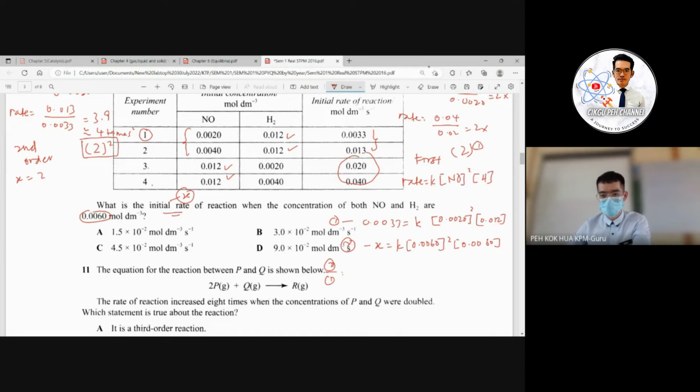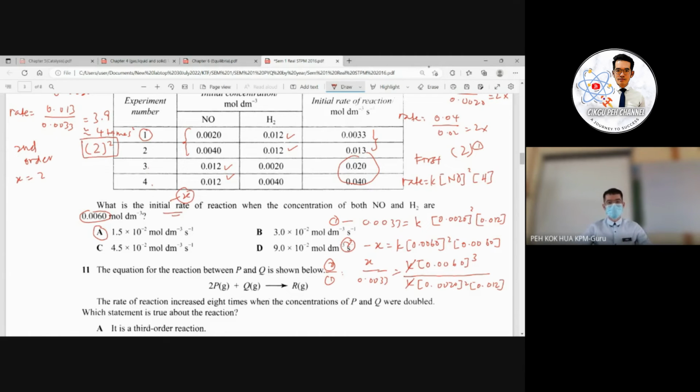We get X over 0.0033 equal to k times 0.0060 terms, divided by k times 0.0020 squared and 0.012. So we can cancel out k. Rearranging the formula, X will be 1.5. The answer will be A.